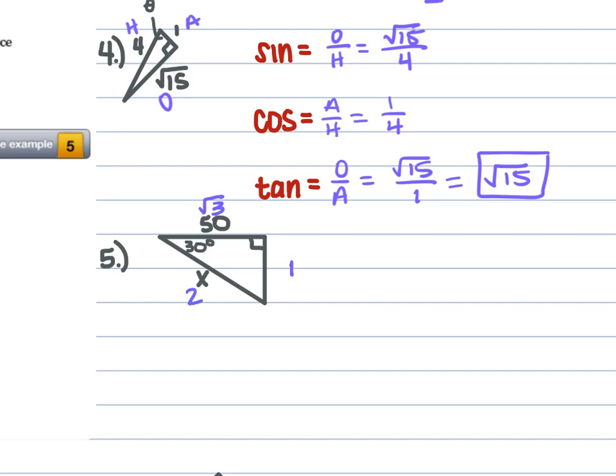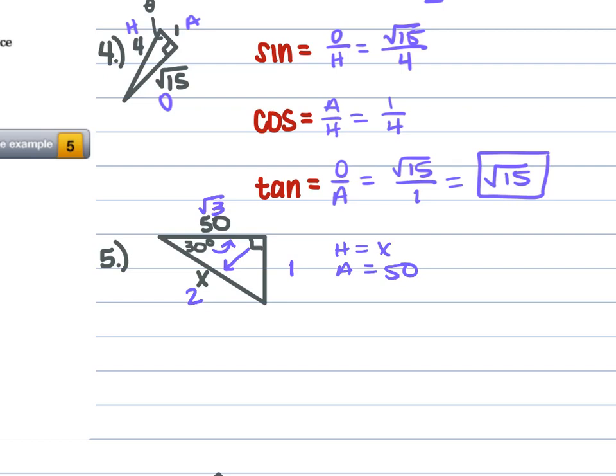So from here, we are dealing with two sides that we have. We have the hypotenuse, which is x, and our adjacent is the 50.